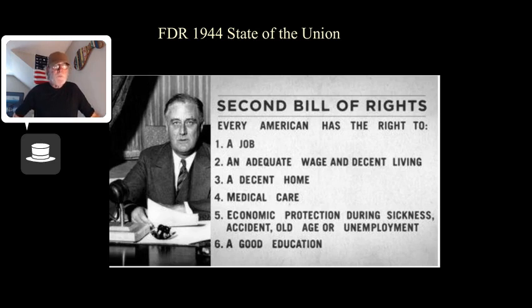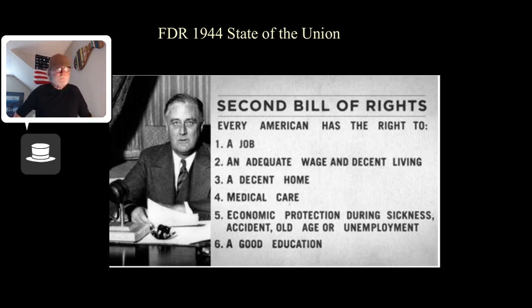They actually were part of what Roosevelt wanted to implement as a second Bill of Rights. And during his 1944 State of the Union address, he said every American has the right to a job. That would mean a government job guarantee program, an adequate wage and decent living, right?